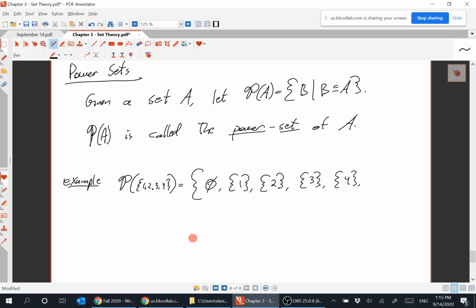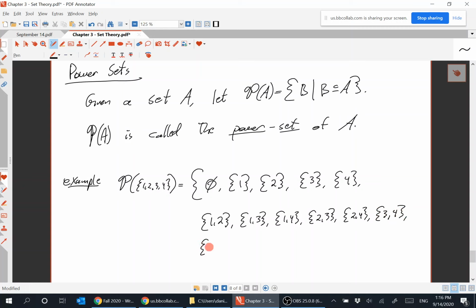Subsets with 2 elements, those would be what? {1, 2}, {1, 3}, {1, 4}, {2, 3}, {2, 4}, {3, 4}.